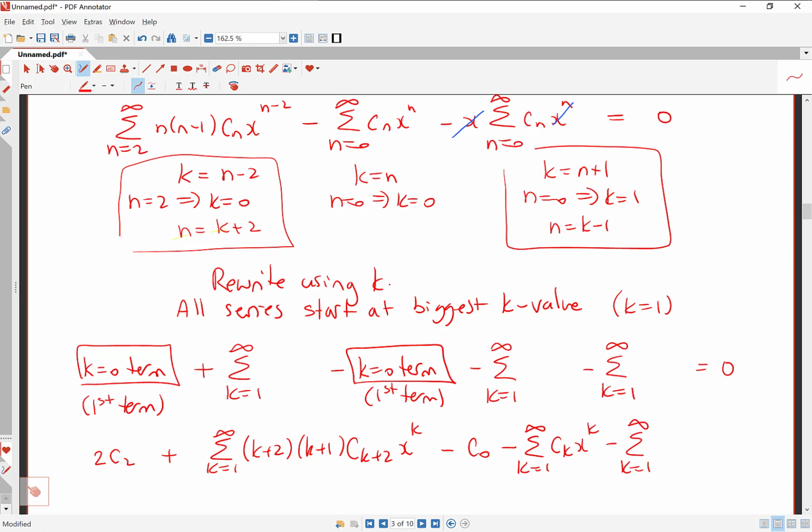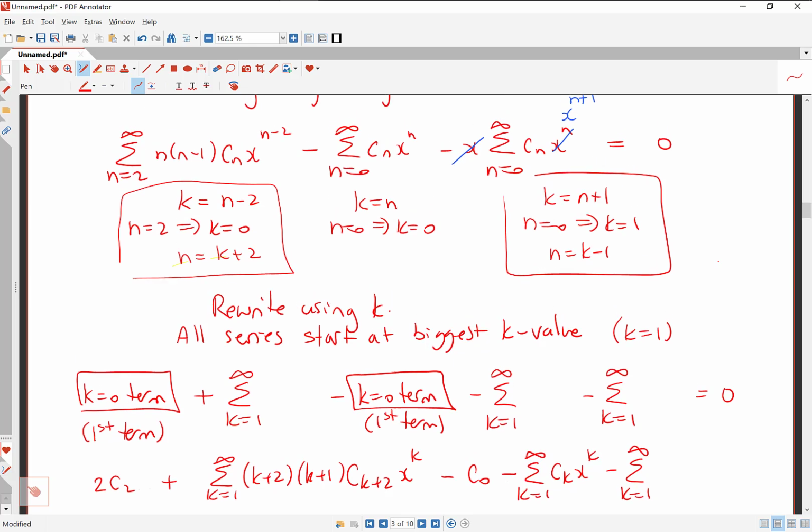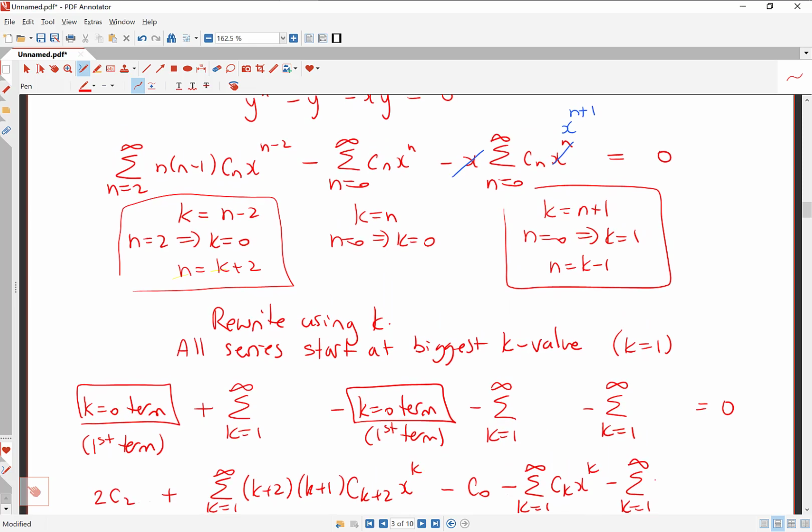So let's replace n with k minus 1. Our terms are going to look like c sub k minus 1, and the power of x was x to the n plus 1, which is otherwise known as x to the k. So there we go, we have this big expression, and that's equal to 0.